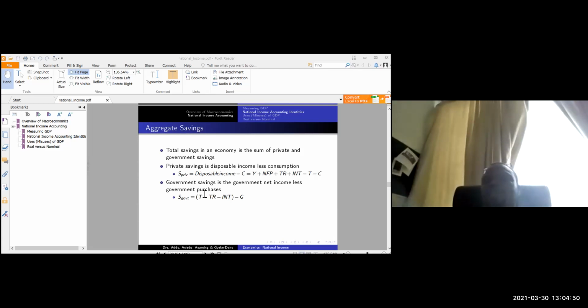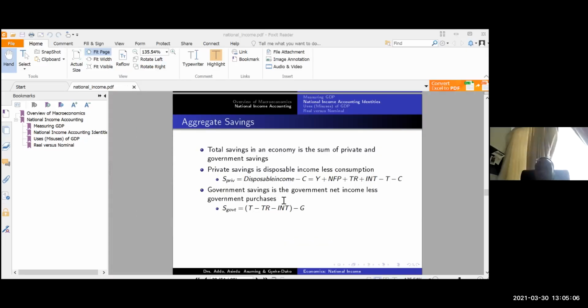So government will ask, how much money is government receiving, or how much are we earning, and then how much are we spending? If we spend less than how much we are receiving, then government will save, right? Okay, so that is the equation. The net income less government purchases will give you government savings.